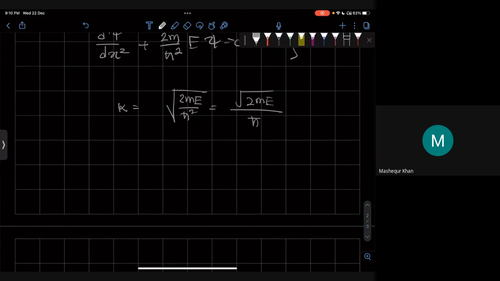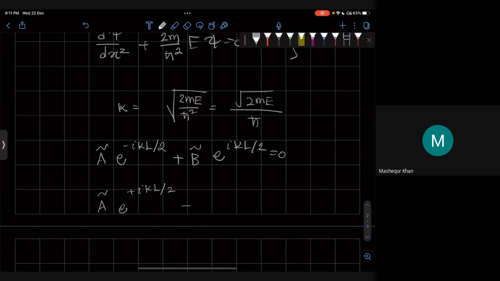From the left boundary, we get A tilde e to the power minus i k L by 2 plus B tilde e to the power i k L by 2 equals 0. And similarly, from the right boundary, we get A tilde e to the power plus i k L by 2 plus B tilde e to the power minus i k L by 2 equals 0.